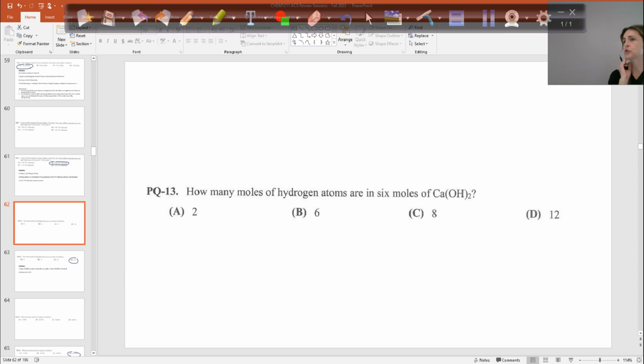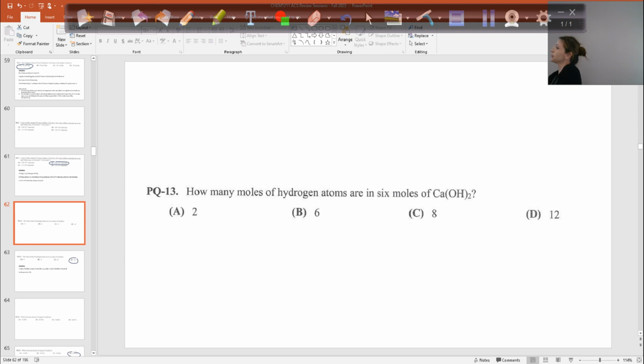Just by looking at it, this should take you like 10 seconds to answer. You're looking for moles of hydrogen and 6 moles of calcium hydroxide. How many hydrogen atoms are there in each unit of calcium hydroxide? That's the ratio. 12, exactly 12, right? So questions like this, try to pick and choose the battles that you want to pick, right?